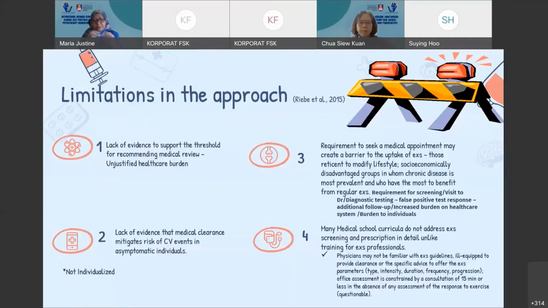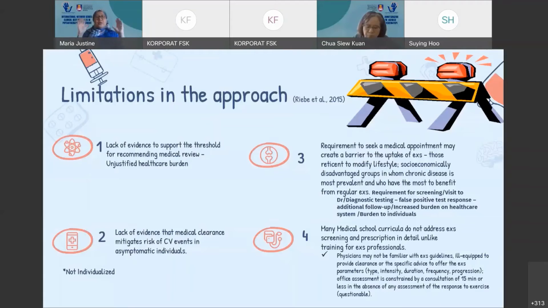Why? In the US, when you want to undertake moderate to high intensity exercises, you are required to undergo screening, and they noticed that the people who are socio-economically disadvantaged, yet are the group having many chronic diseases and who may benefit from regular participation in exercises, couldn't afford to pay the bill for the medical examination.